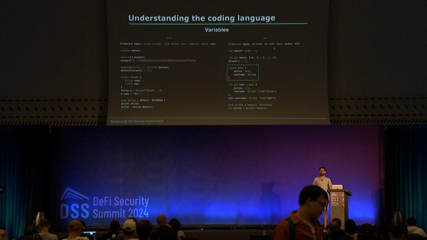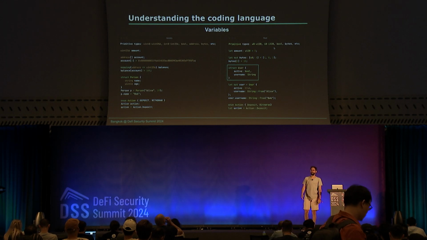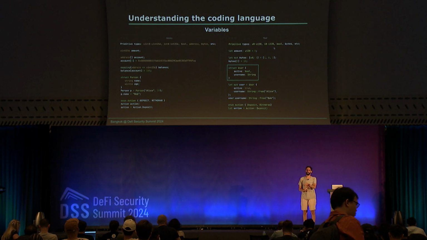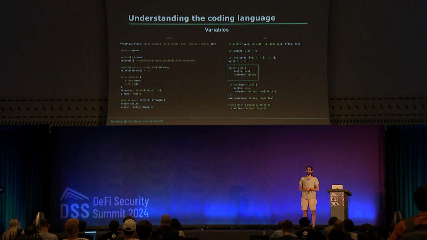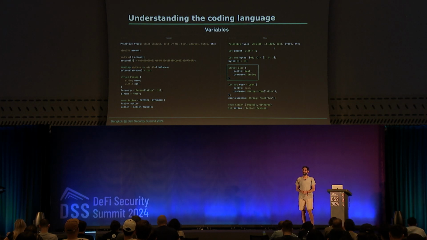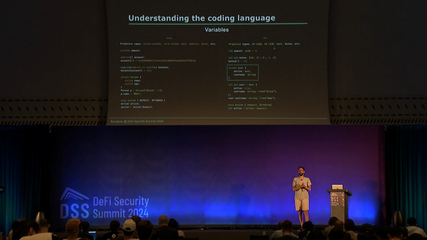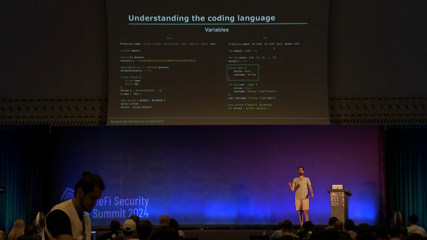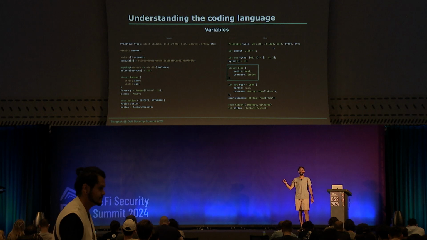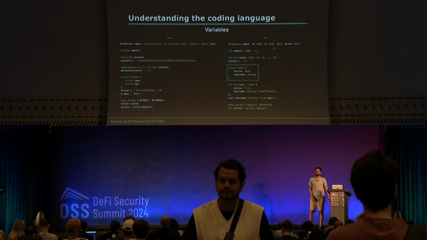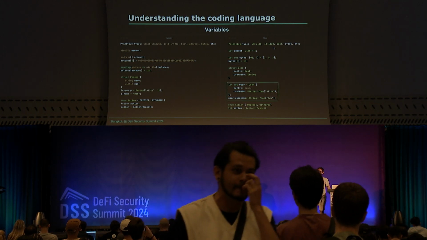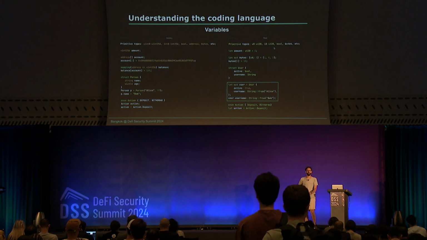We also have the structure types. In this case, the user, you have the Boolean active and the username. This case is quite similar to Solidity, but the type is after the variable name when declared. Also, we can declare the user like this.